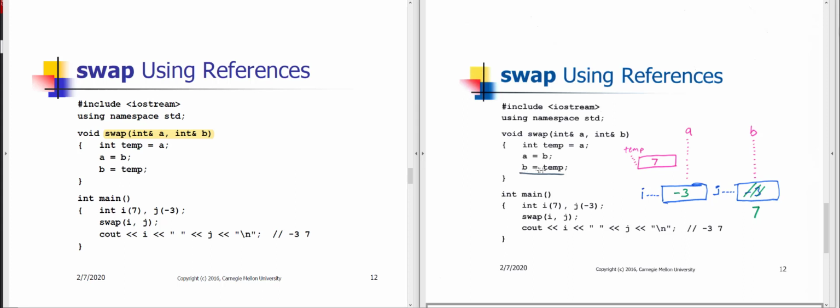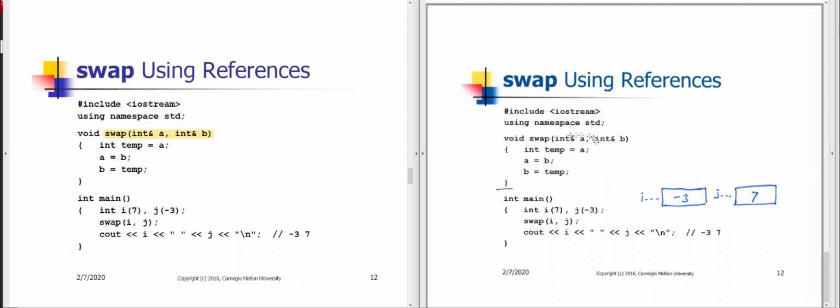In the final statement in swap, we say B gets temp, and that means that B, that is to say main's j, gets the value in the temp variable, which is 7. When I hit the closing curly brace at the end of the swap function, the references A and B, as well as the local temporary variable temp, disappear, and I find myself back in main with I now containing a -3 and j containing a 7.